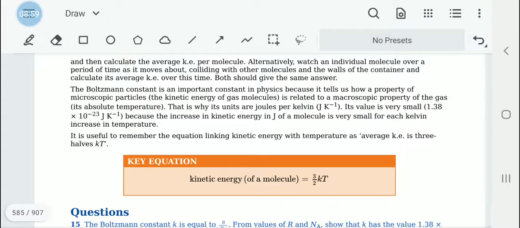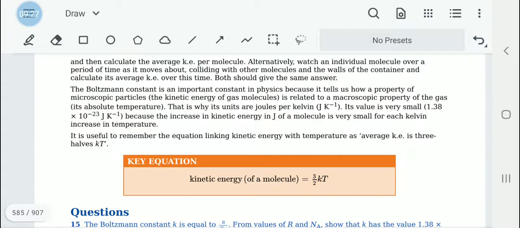Because when the kinetic energy increase is considered for each Kelvin increase in temperature, the kinetic energy of a molecule is going to be comparatively very low. Right?